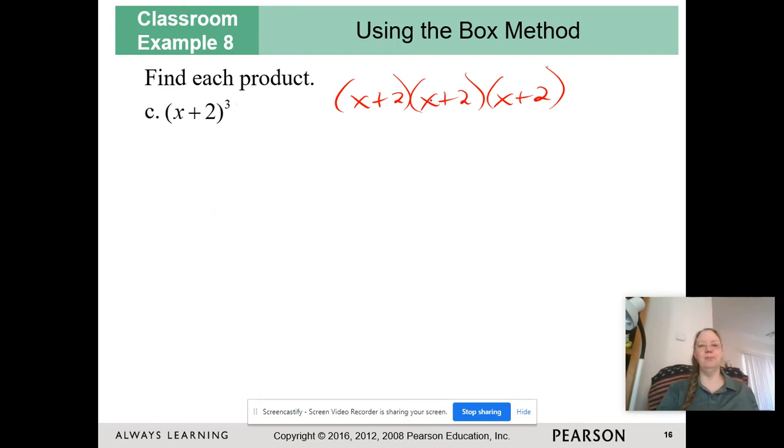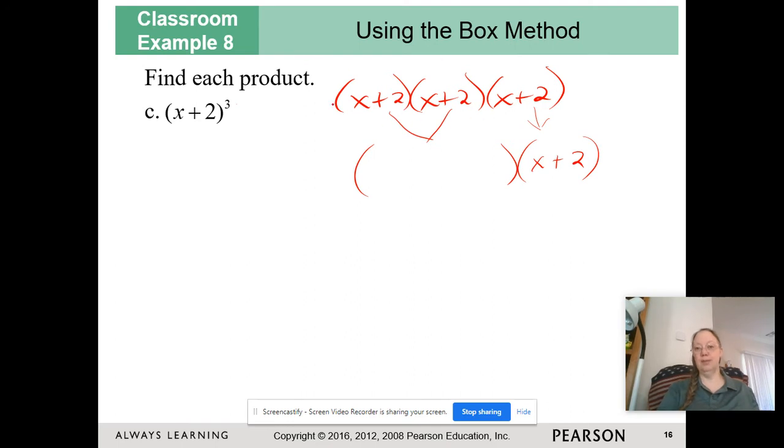Different rules apply. So when we have this, what we're going to end up having to do is multiply two of the binomials together, get an answer, and multiply by this last binomial, x plus 2.